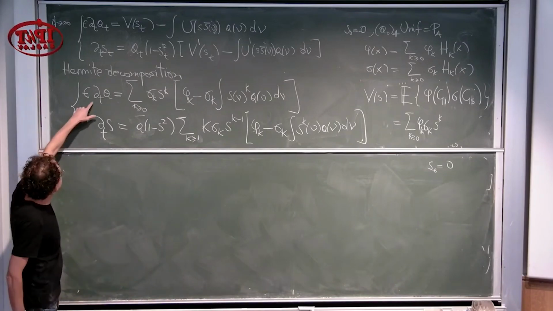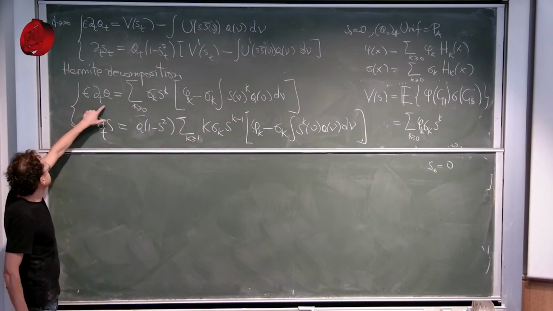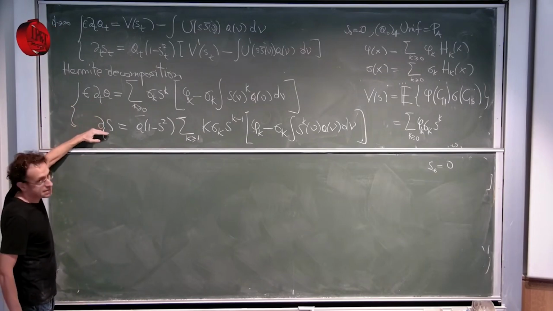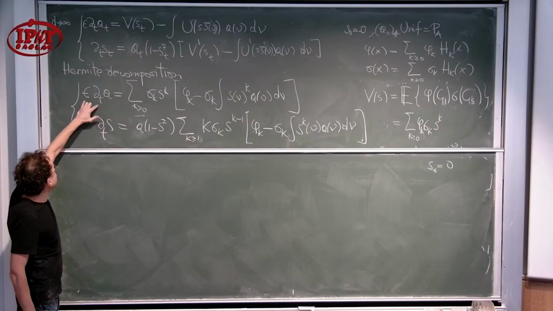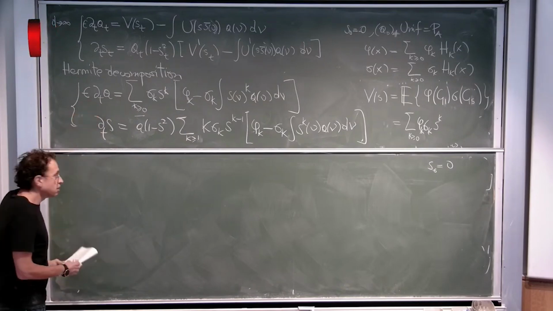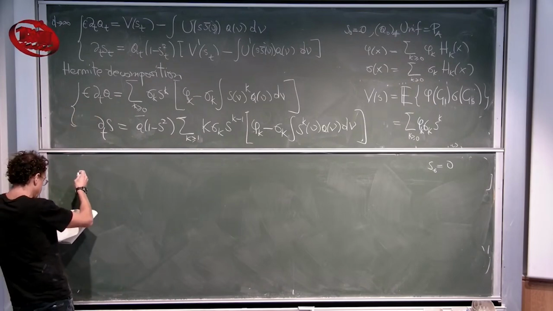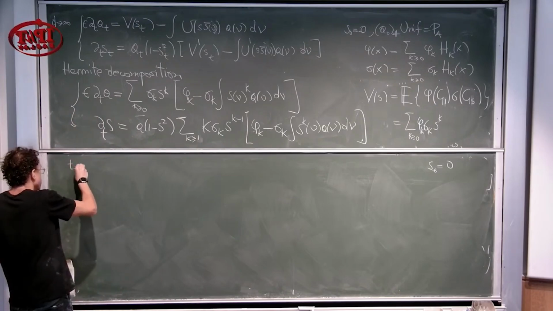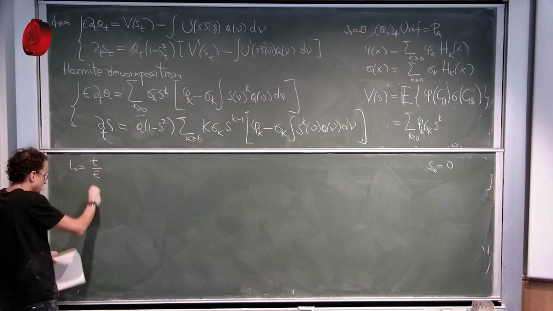So at the very beginning, this A will evolve much faster than this, right? So A will evolve on a time scale of order 1 over epsilon. This suggests defining a first time scale T0 to be T over epsilon.